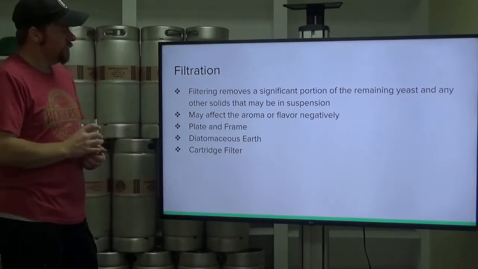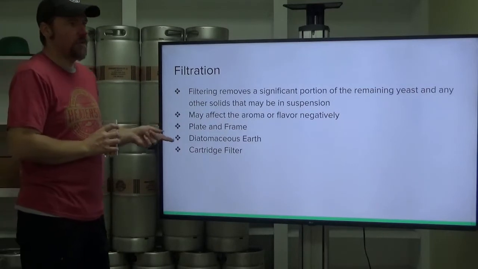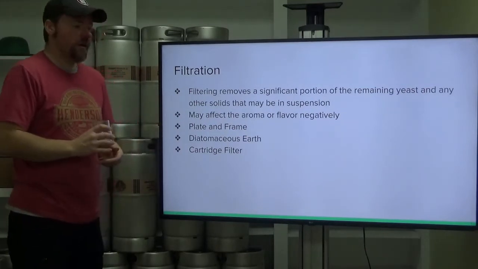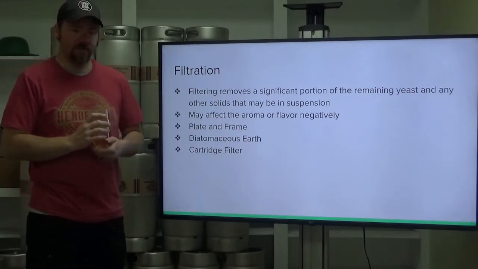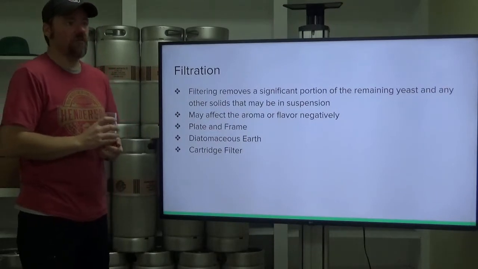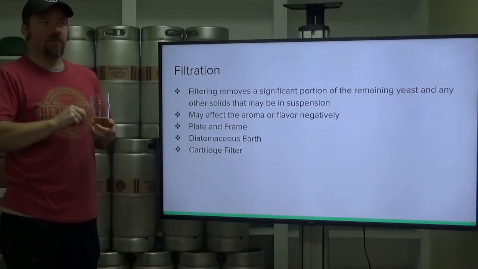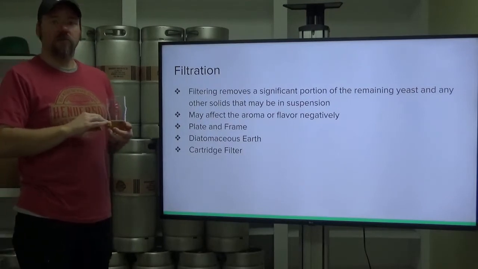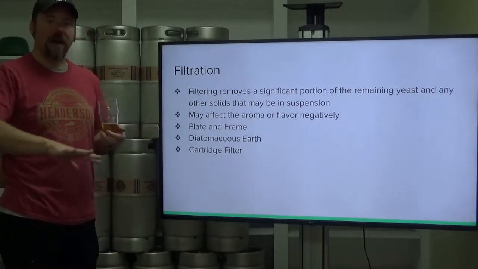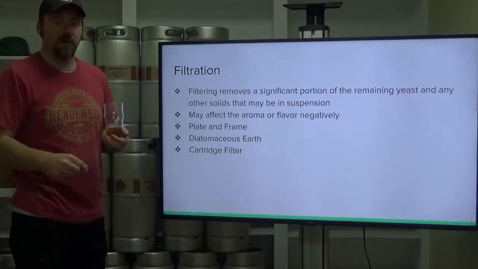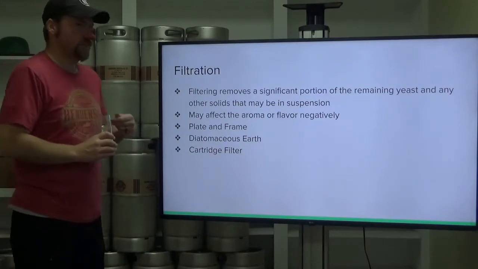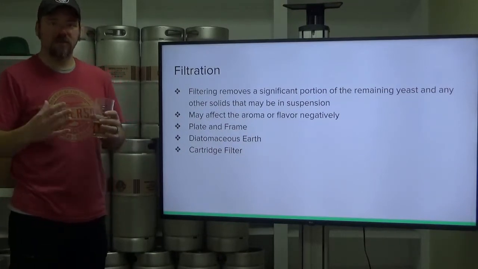And I think something I did not mention here would be a centrifuge. That is a very, very expensive piece of equipment that spins the beer very fast, and through centripetal force, forces those solids out of suspension very quickly. You kind of have to dial it in.